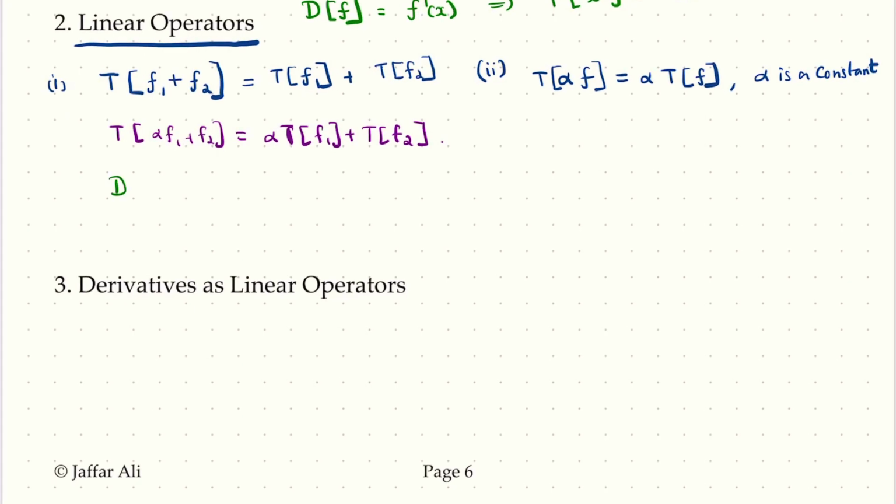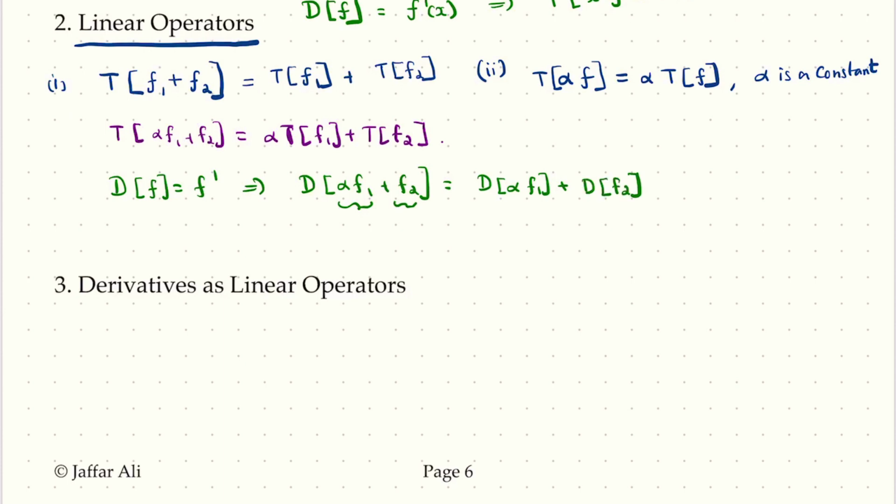The way that we define it, D f is equal to f prime. So if you take the derivative of alpha f1 plus f2, as you all know, the derivative of a sum of two functions is the same as the sum of the two derivatives of the functions. So this is going to be alpha D f1 plus D f2.